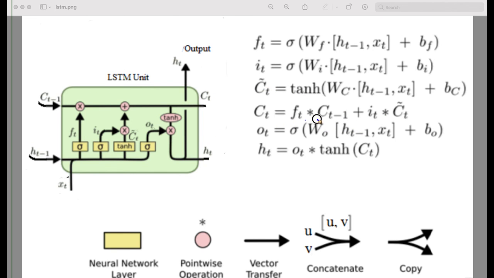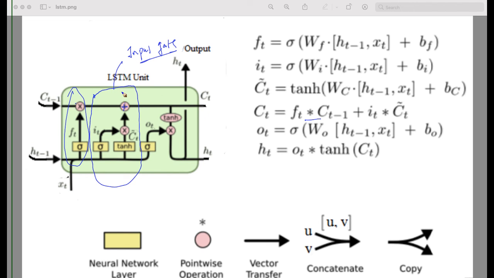It's done like this. Now this layer, or this unit, decides how much should I add to this CT. So that's why it is called the input gate. So this is the forget gate, this is the input gate, because we are adding here.